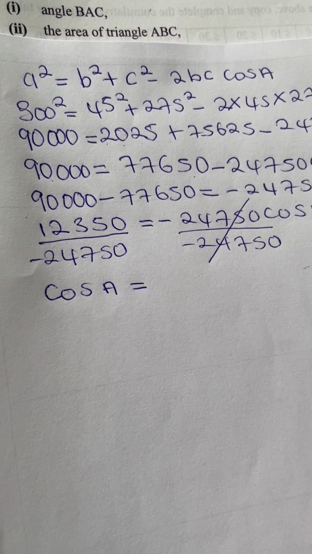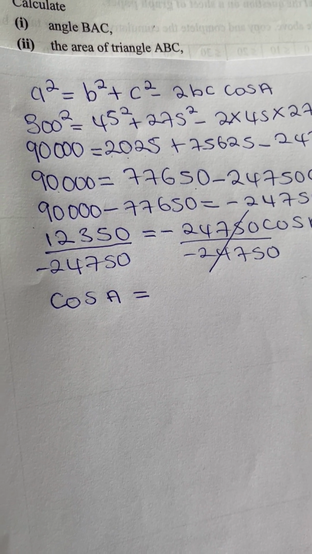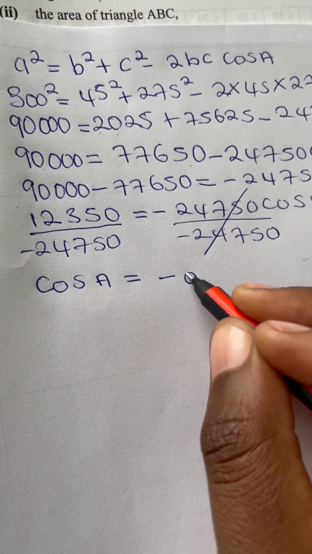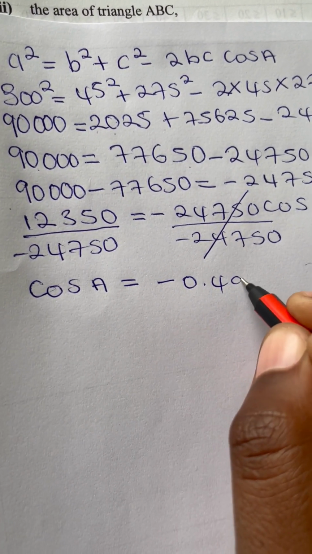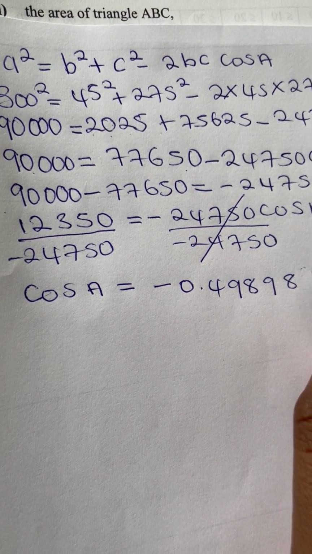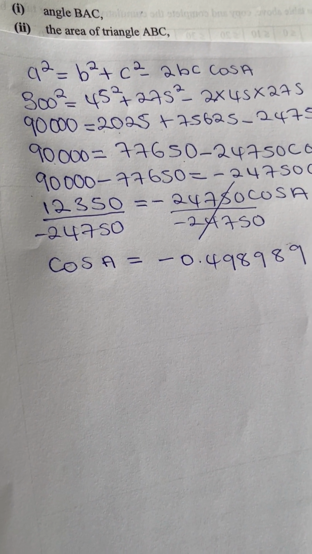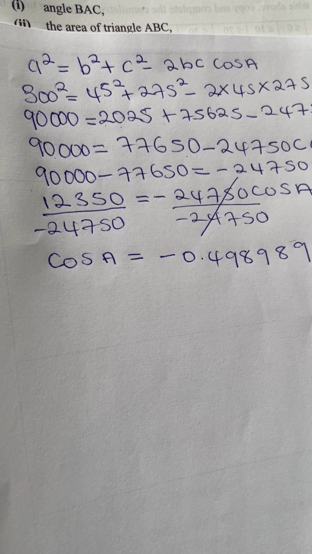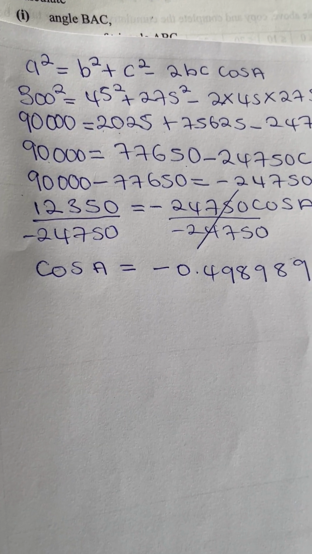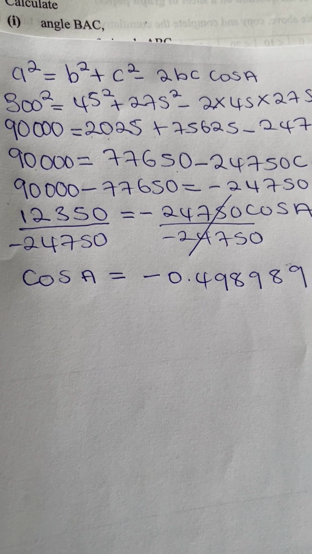So what is 12,350 divided by negative 24,750? So we are having negative 0.4989. Okay, so as you can see, our cos is negative. So what do we do? So you go on your calculator and punch shift.